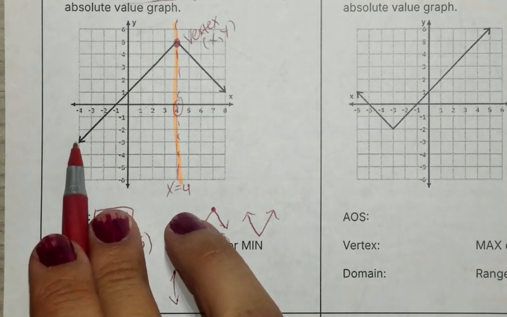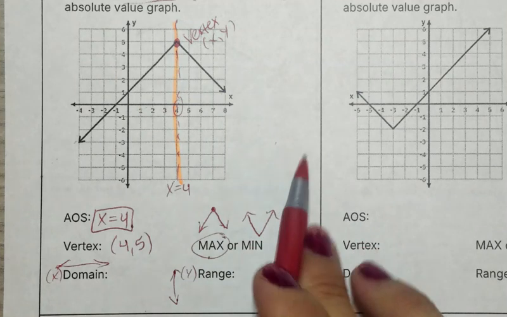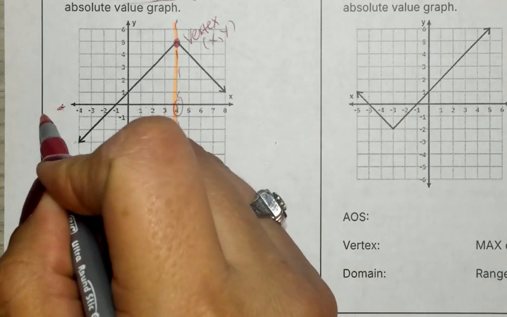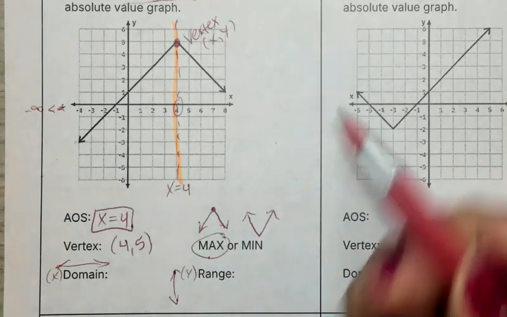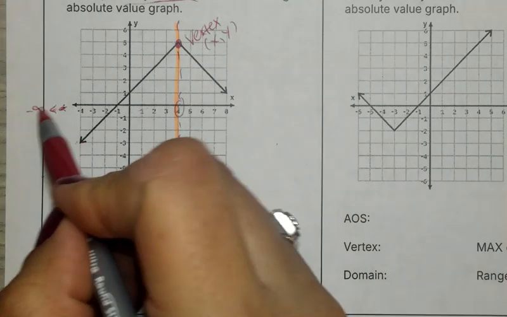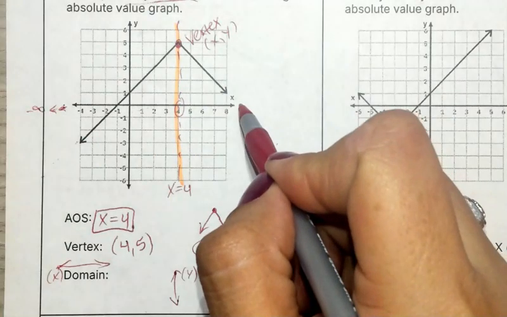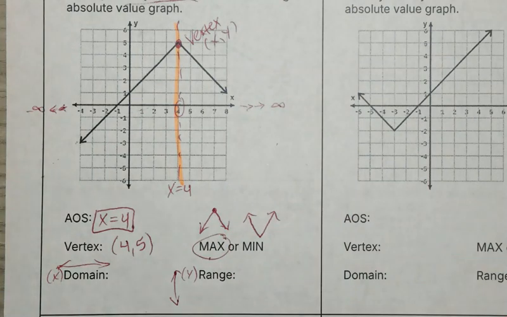This graph is going left and it's never stopping, and it's going right and never stopping. So if it keeps going to the left, you're going to end up approaching negative infinity, but never stopping anywhere. Same thing over here, it's approaching positive infinity, but never stopping as well.